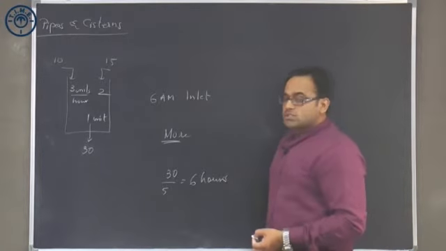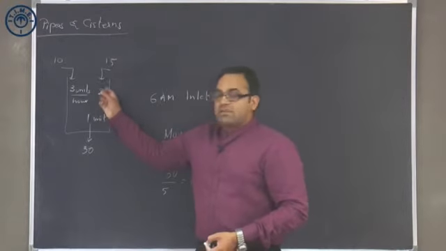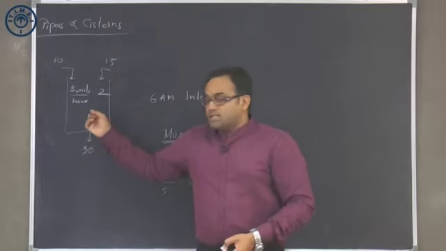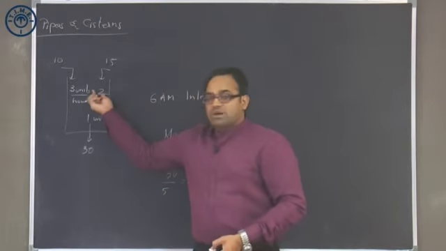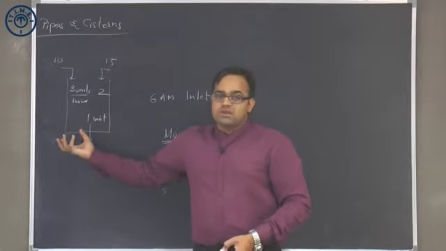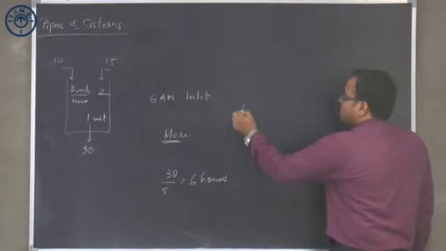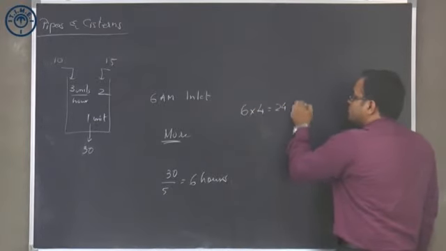Now what is happening is, we are filling at the rate of 3 plus 2, 5, 5 minus 1, 4 units per hour, because 1 unit is going out. In 6 hours, I will have filled 6 into 4 equal to 24 units.